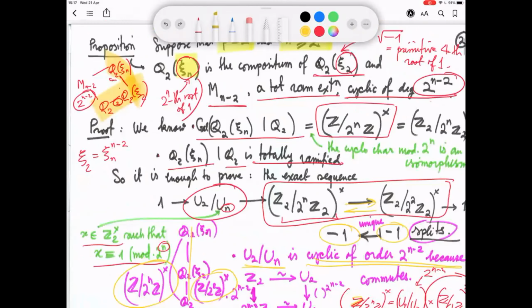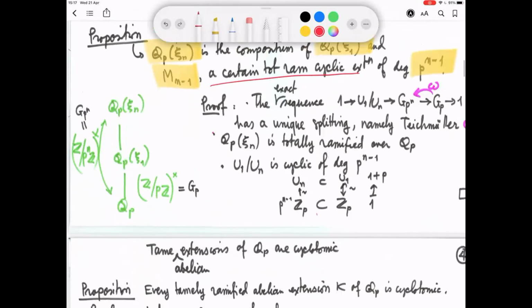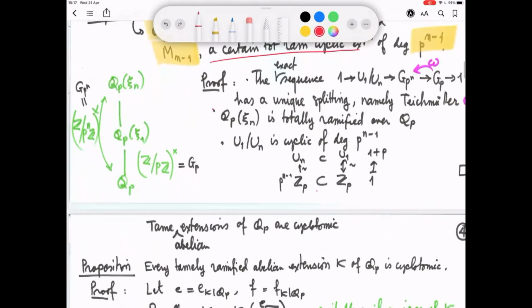And then the claim is that Qp psi n is the compositum of Qp psi 1 and an extension Mn minus 1, which is totally ramified cyclic of degree p to the n minus 1. And the proof is exactly the same.